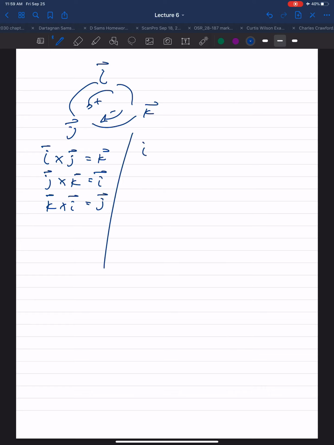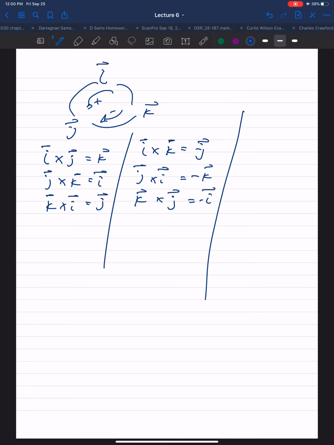Likewise, I cross K equals negative J. J cross I equals negative K. And then K cross J equals negative I. And I cross I equals 0.